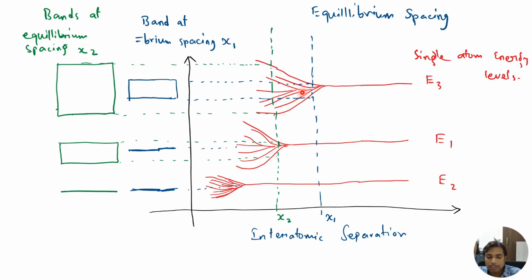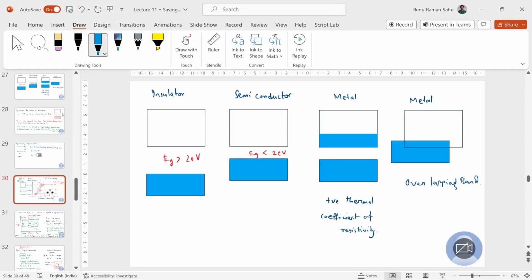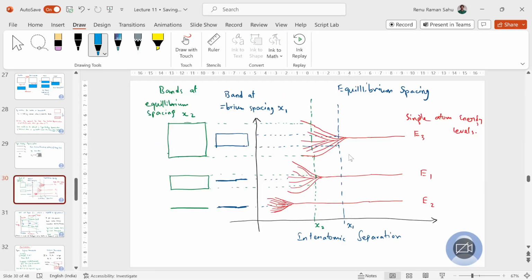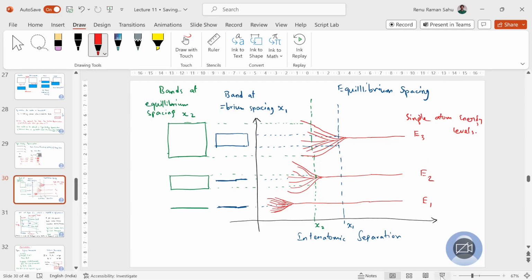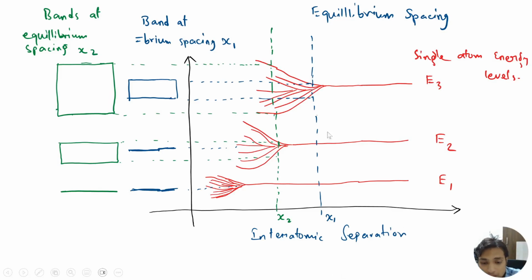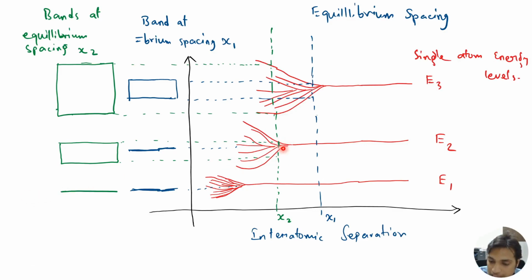Now the slightly inner orbitals also start interacting, and they start to split into a band.